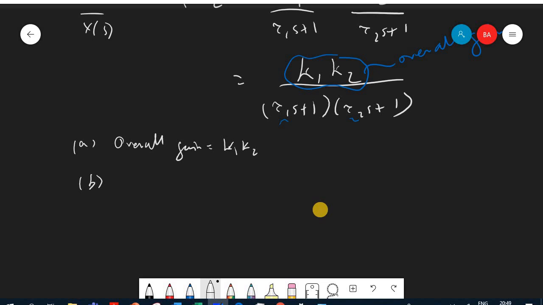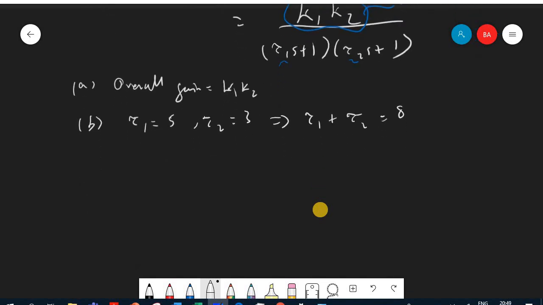Tau 1 is given to us as 5 and tau 2 is given to us as 3. So tau 1 plus tau 2 is equal to 8. Is that equal to the time that achieves 63.2%?